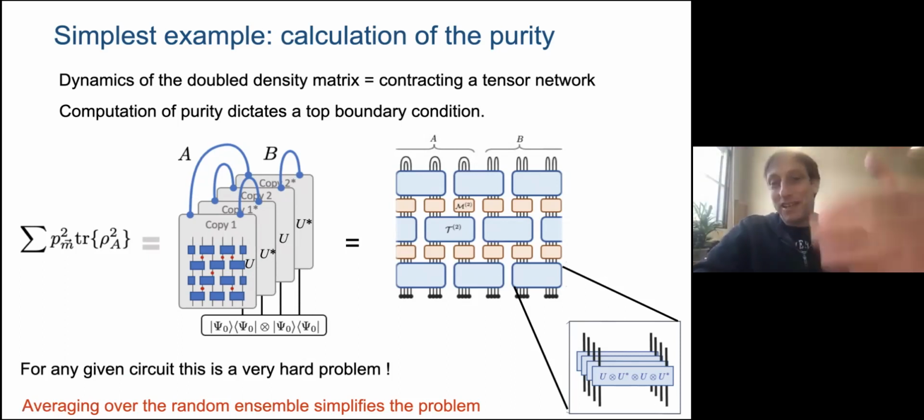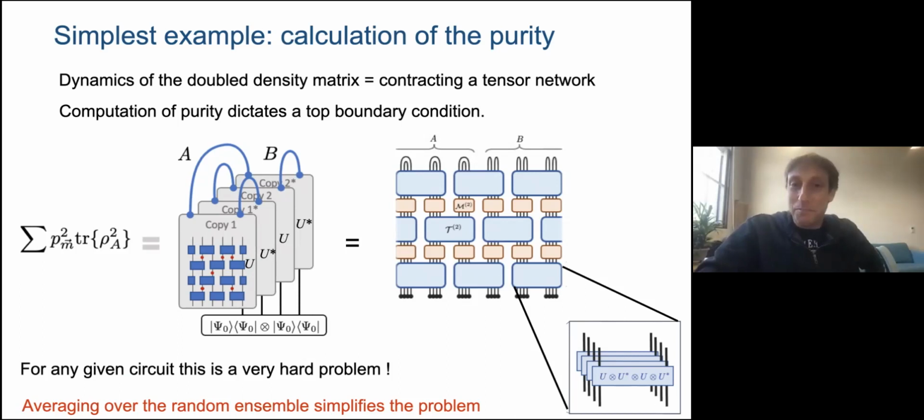And that takes U dagger to U star. That's it. So I have basically 2 copies, but each copy is made of U and U star. So I have these 4 identical circuits. And in addition, I have measurements that are drawn here in red. And in all the copies, I have exactly the same measurement outcomes.